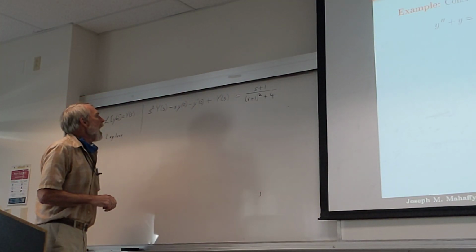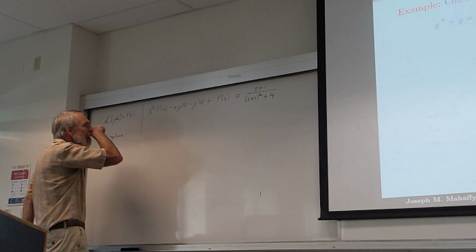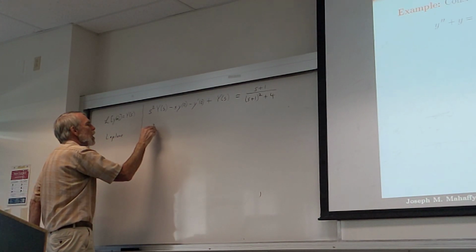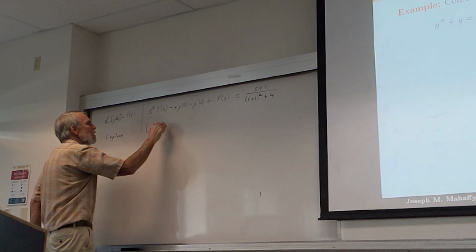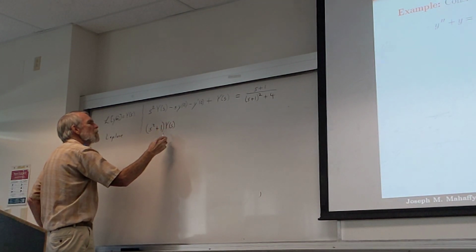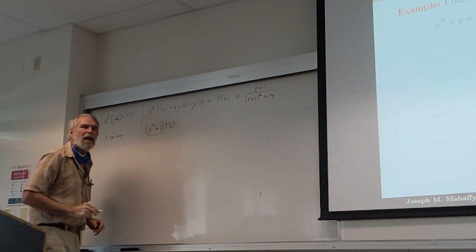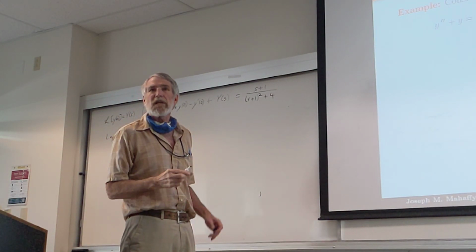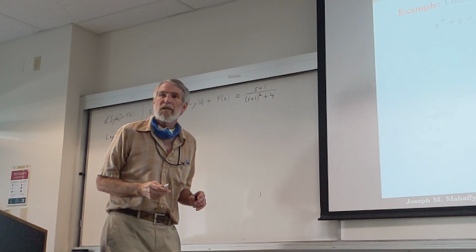Okay? And so then we're going to get s squared plus 1. So notice one of the things you get, of course, is the characteristic equation appears in front of your y of s, doesn't it? Using an s instead of a lambda.